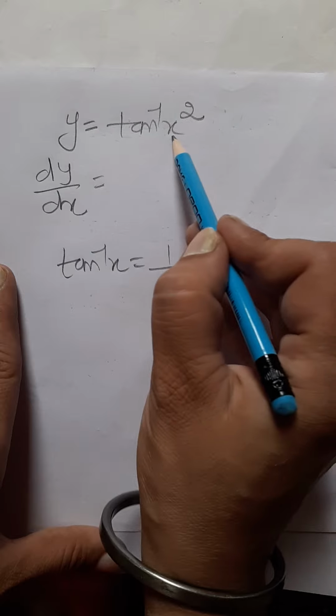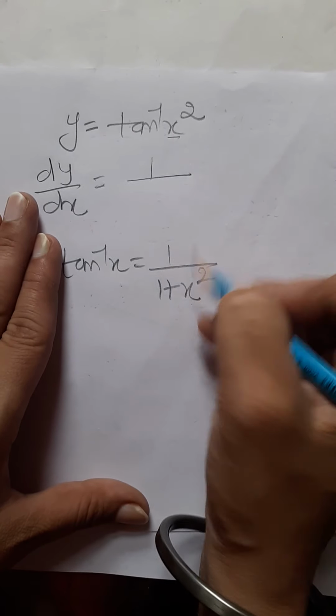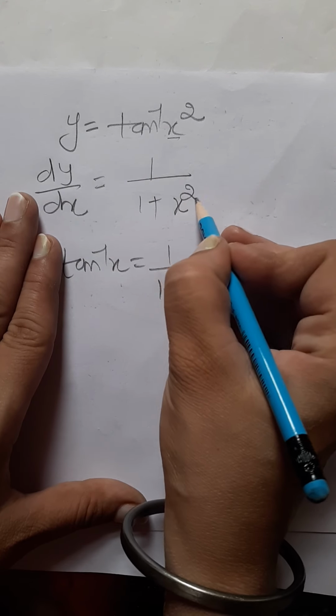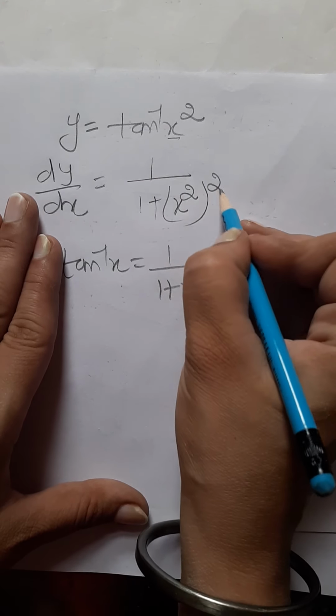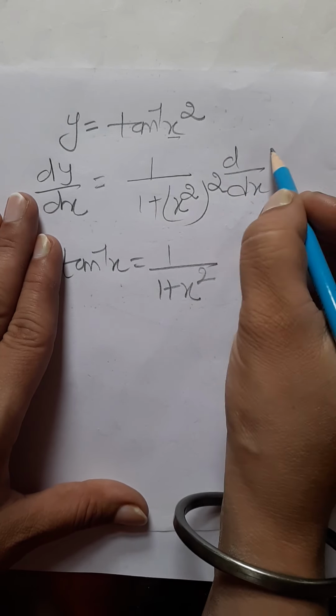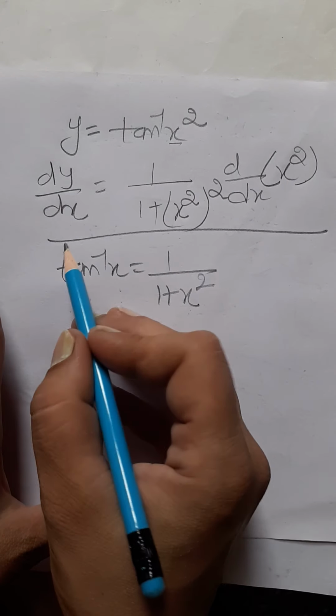Now we have x square instead of x, so instead of x we write x square, and the square of x square, and after applying the formula, we take the derivative of x square.